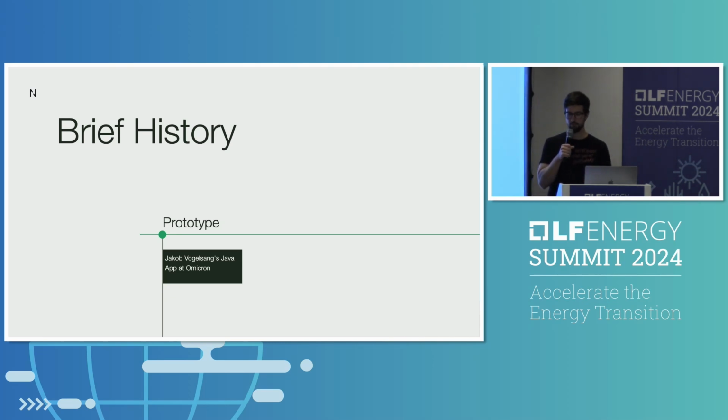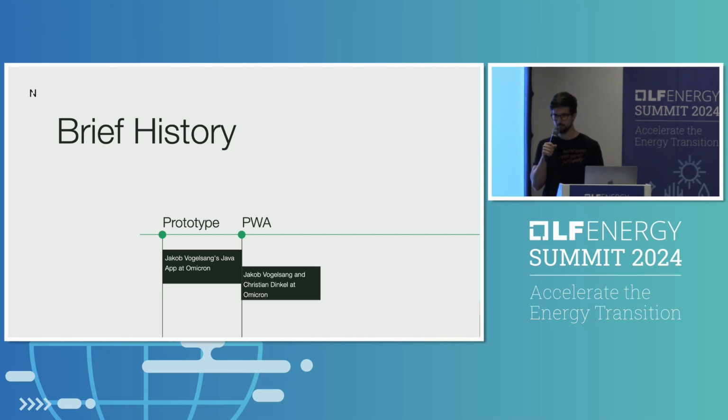He started with a Java desktop application, but he quickly realized that's not the way to go. We already had desktop applications with all their disadvantages, and he wanted something different, but didn't quite know how. So Christian Dinkel got on board, also at Omicron, and they created a progressive web app. I'm going to get into what that means.